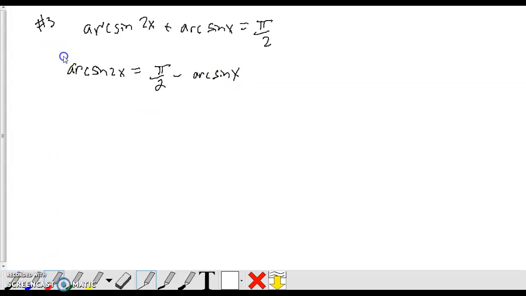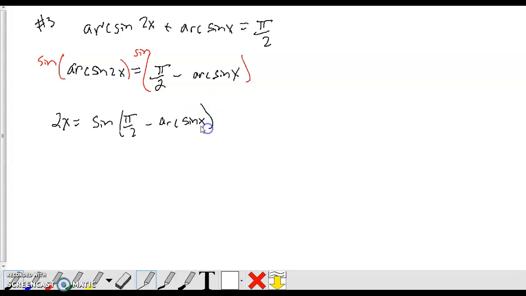I then will apply the inverse to both sides of sine. So this will become 2x is equal to sine of pi over 2 minus arc sine of x. So again, I'm still solving for x. Eventually I am going to have to divide by 2, but for a second what I want to do is use my identity because I know that this is not going to be able to subtract.